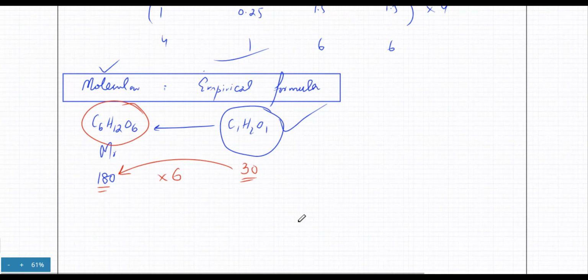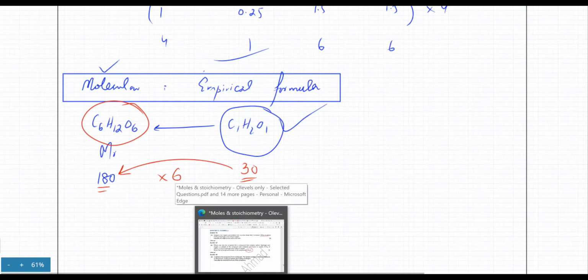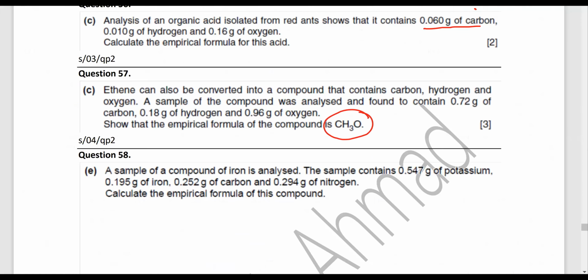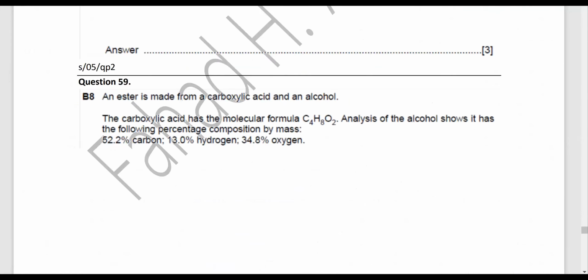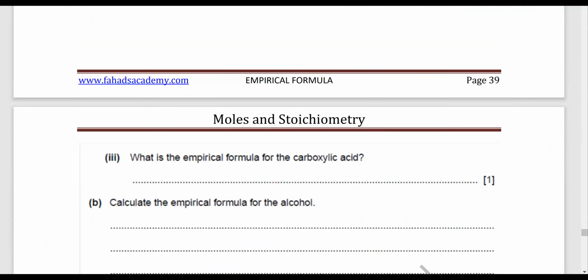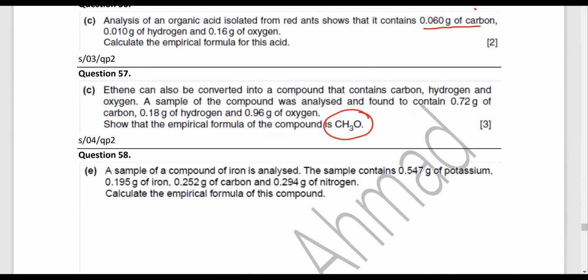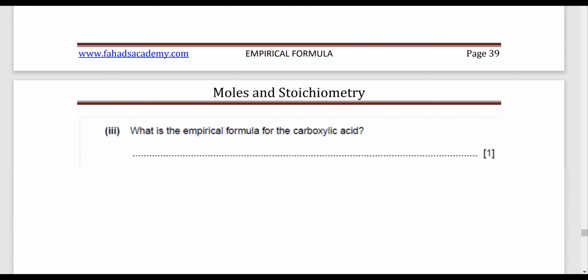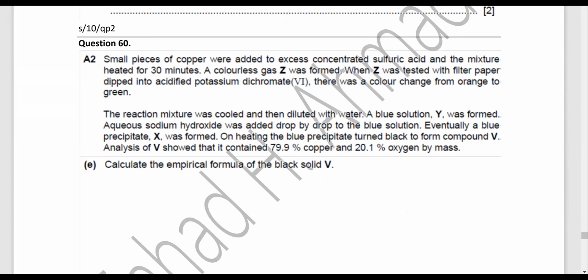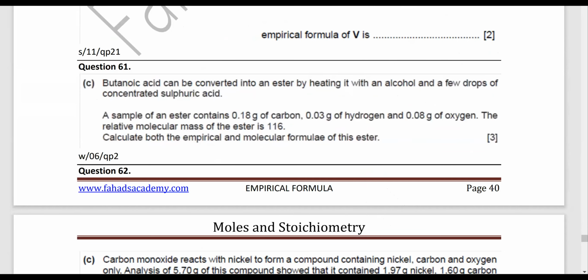Yes. Yes. Okay, we can do a question very quickly on this. Let's say it's not only the empirical formula, you're being asked to find the molecular formula as well. Yes, this one.